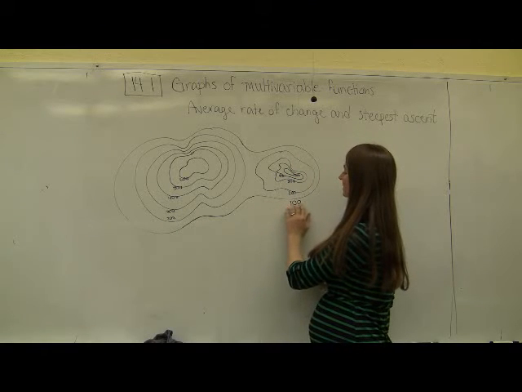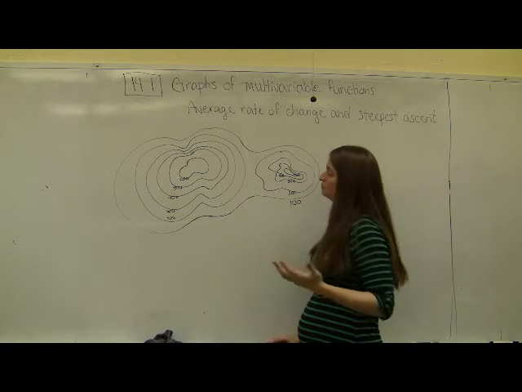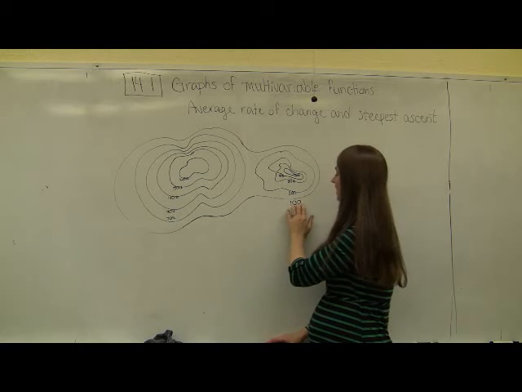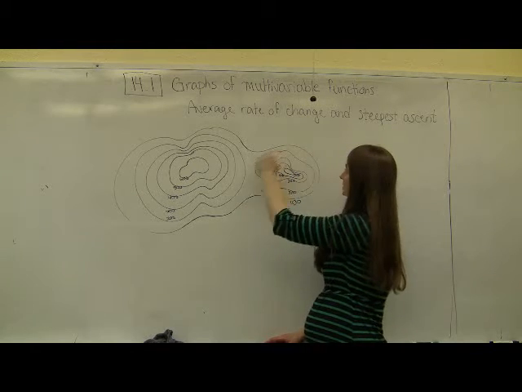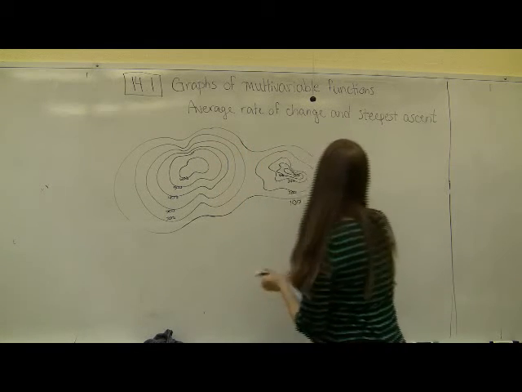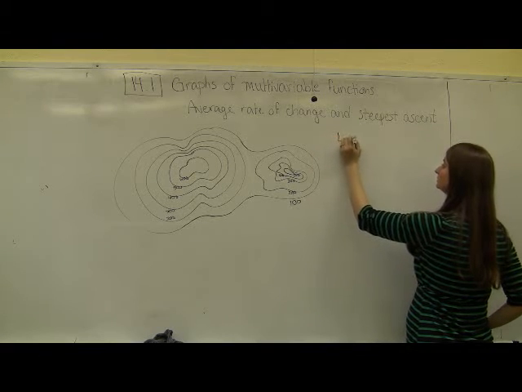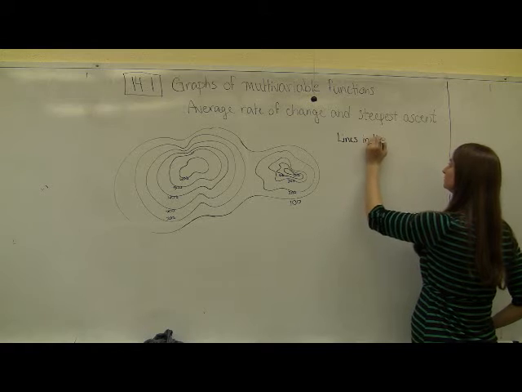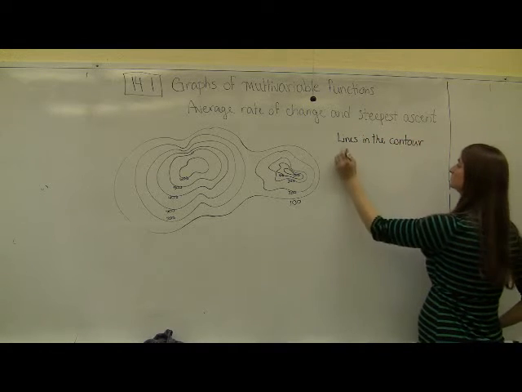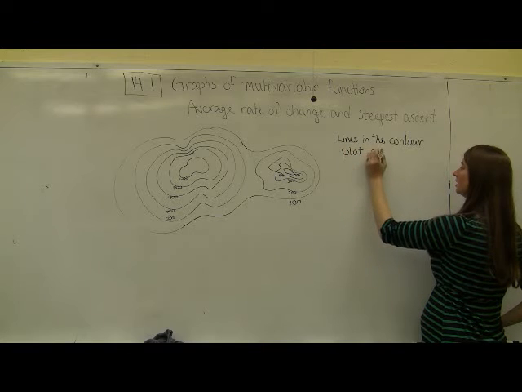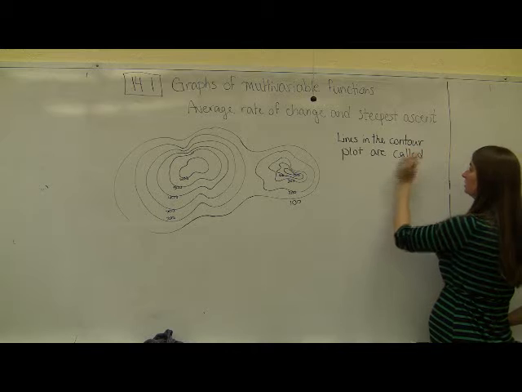So this is telling me this outermost line has a value of 100, meaning pretend that we're on a mountainside and our height, or our z-value, is equal to 100 exactly along this curve. That's one reason why the lines in the contour plot are called level curves.